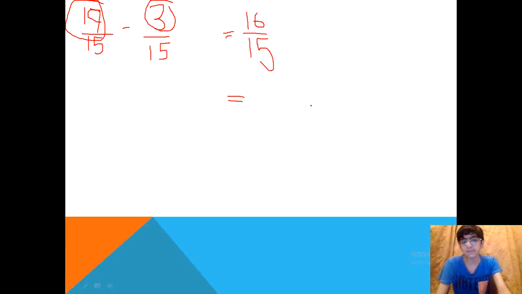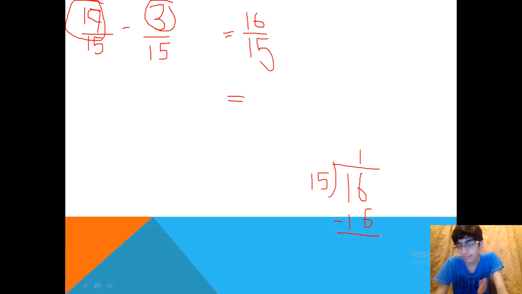So this will be 16 divided by 15. So we can't divide 15 by 1. So we'll use it with 16 the whole minus 16, and then you get the remainder 1.